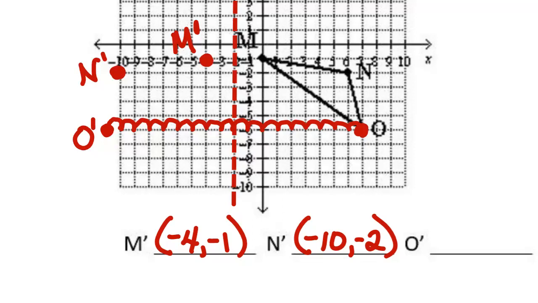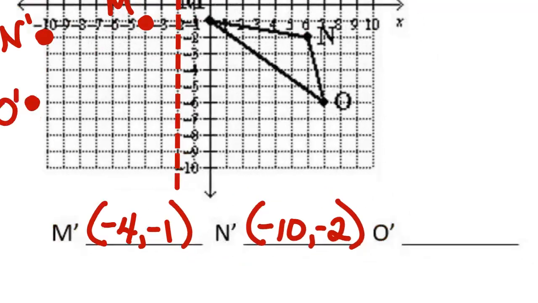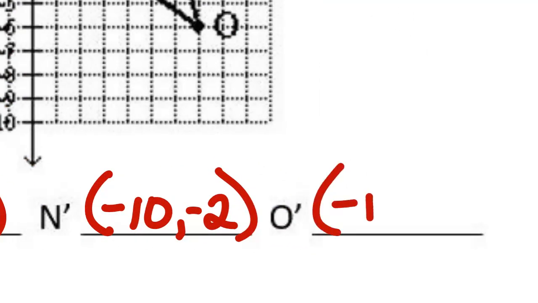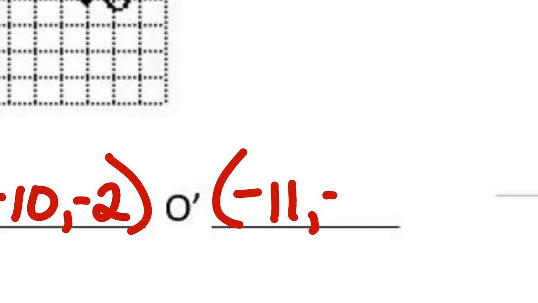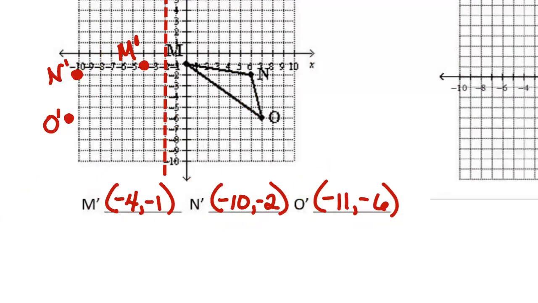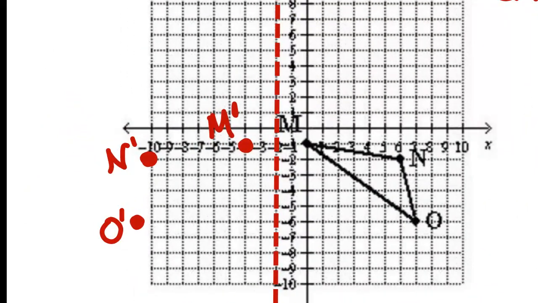So here's O prime. Most of the time our points are going to land on the graph. Every now and then when we're doing reflections, we're going to land just a little bit off the graph. So since I'm 1 unit off the graph, that would put O prime at -11, -6. And I want to grab my straight edge and connect those points to make my triangle.